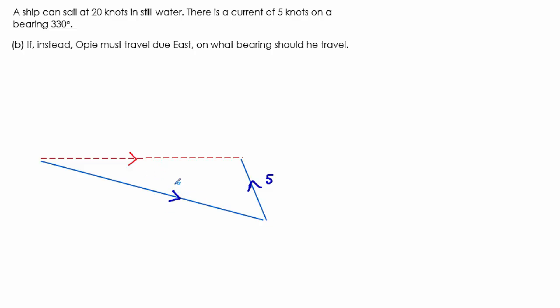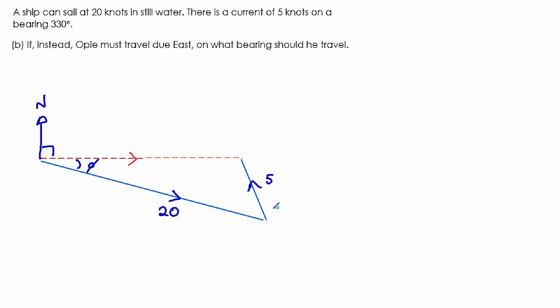So this is what he's steering, so this one is going to be the 20. Now we know that north is up this way, so what we really want to be able to work out is this angle here, which we can then add to 90 to get the bearing.